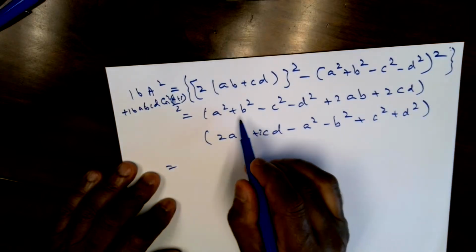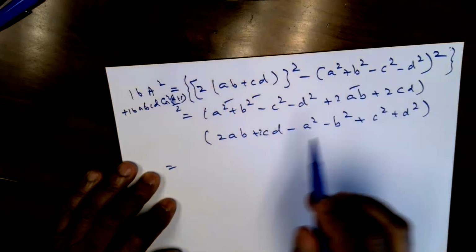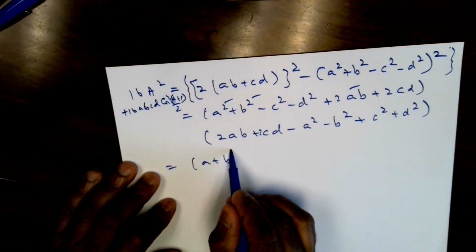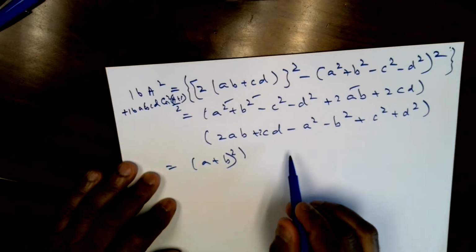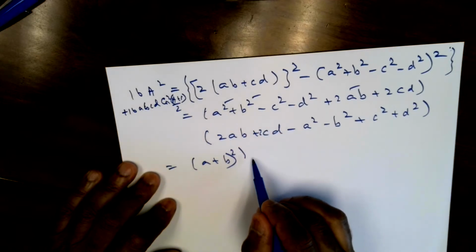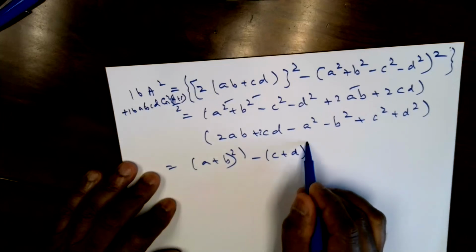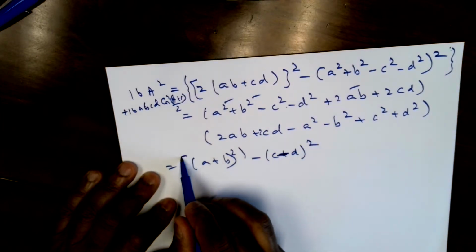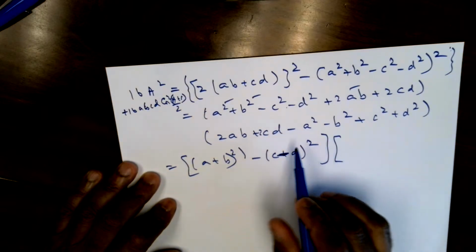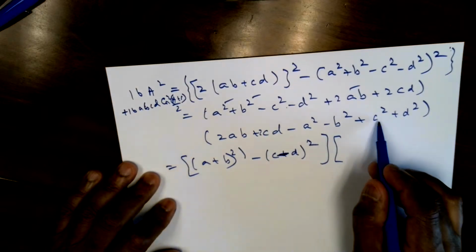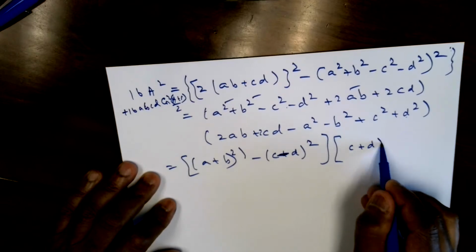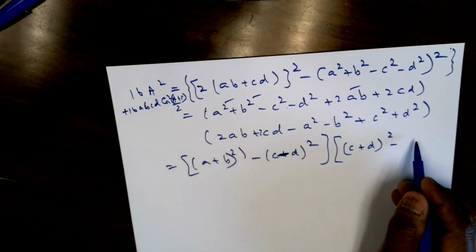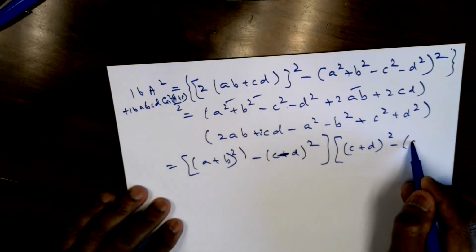So if I combine a squared, b squared and 2ab, you get a plus b the whole squared minus c plus d the whole squared, multiplied by c plus d the whole squared minus a minus b the whole squared.